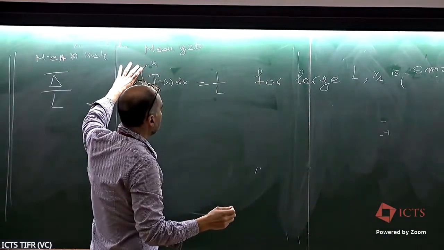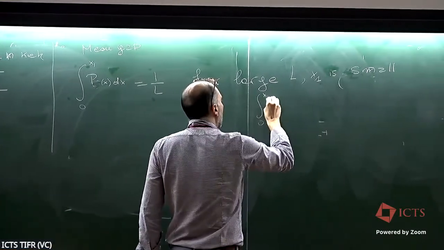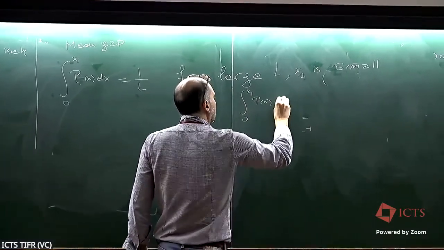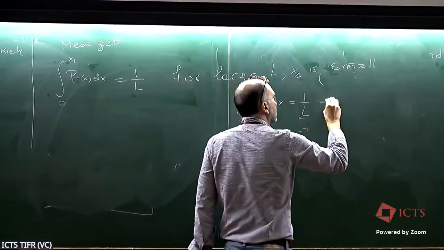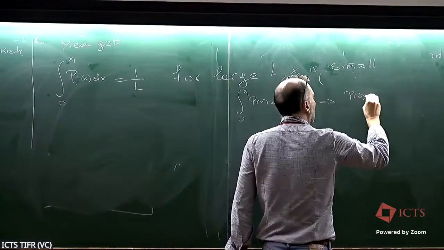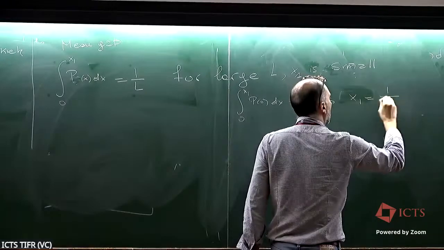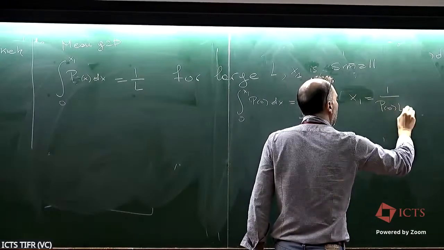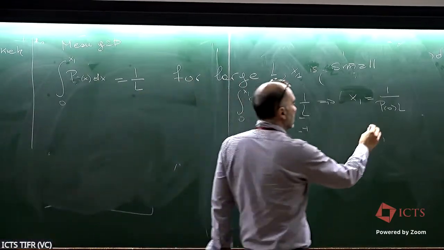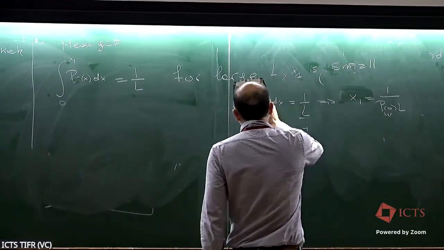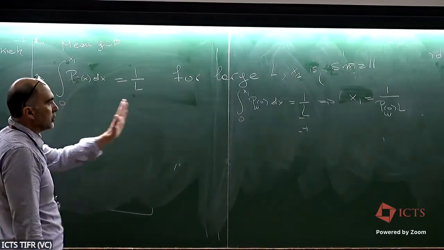So this integral is essentially the integral between 0 and x1 of p0 dx equal to 1 over L. And this gives you that x1 is 1 over p0 L. Or pw0, if you are not stationary; if it's stationary, it's p. So this is the position of x1.